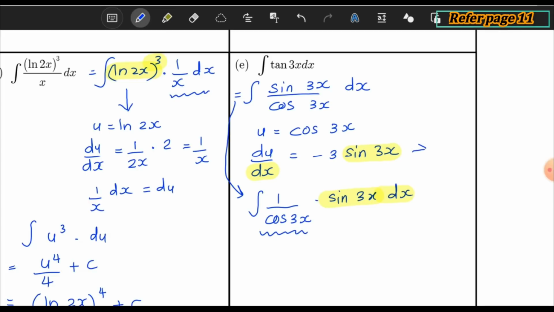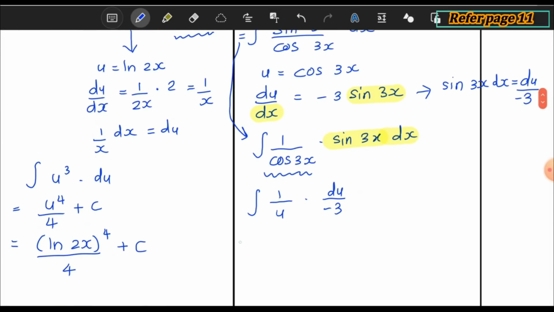Now, we will rearrange the derivative first. So, we have sine 3x dx equal to du over negative 3. Next, we substitute into the integral. So 1 over u times sine 3x dx is du over negative 3, or we can write as negative 1 over 3 integrate 1 over u du.